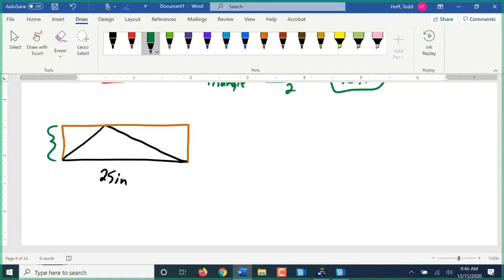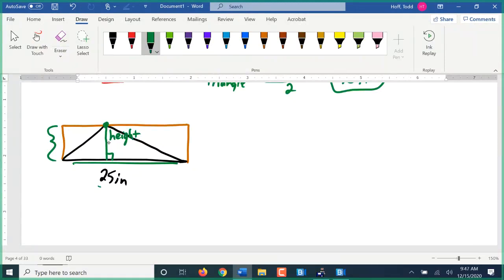The 25-inch base of the triangle is the length of the rectangle, but I would need to know that width. And where that's found on the triangle is right here. That is a height because it's perpendicular to the base, and it goes to the furthest point in the figure. The furthest point in a triangle will be that opposite vertex or opposite corner.